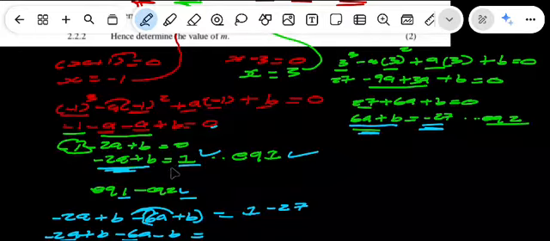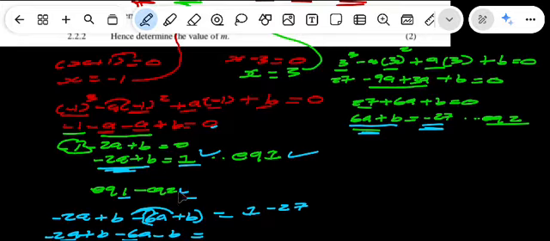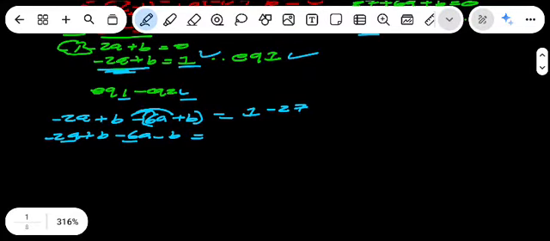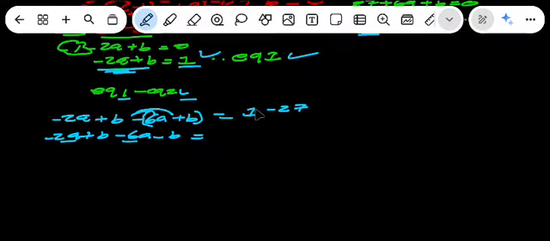This is our equation 1. Then we subtract with equation 2, which is minus 27. All right, so we'll subtract now. Since we're subtracting, remember we already had the negative here. Obviously we have 1, isn't it?